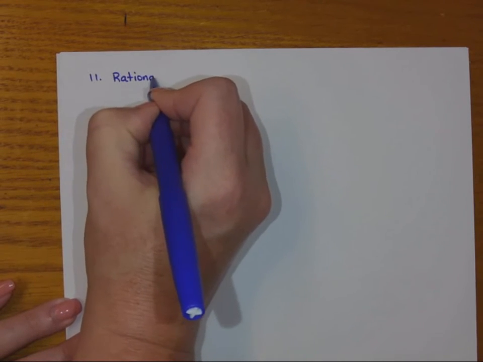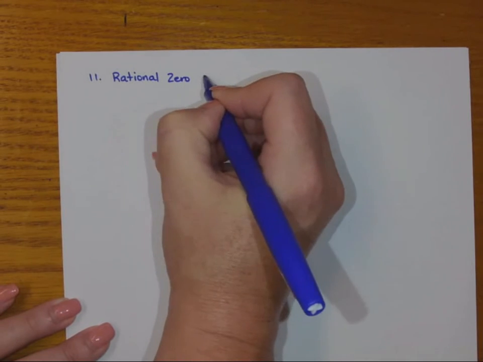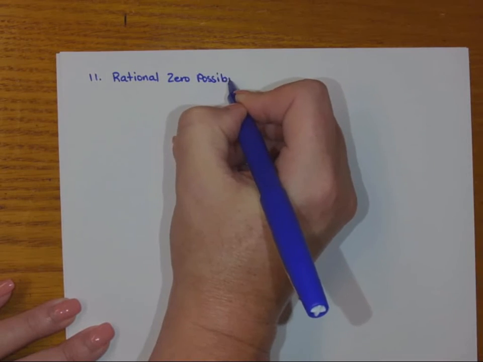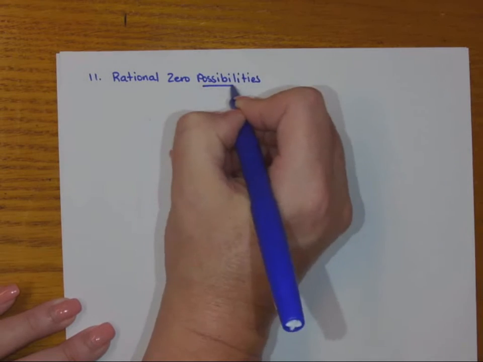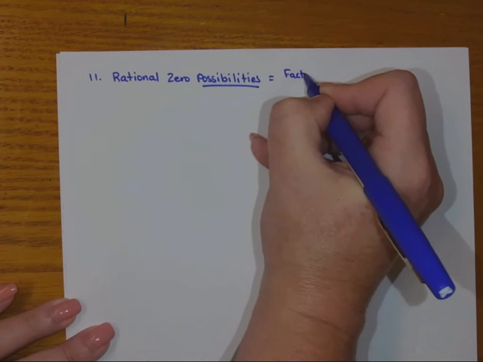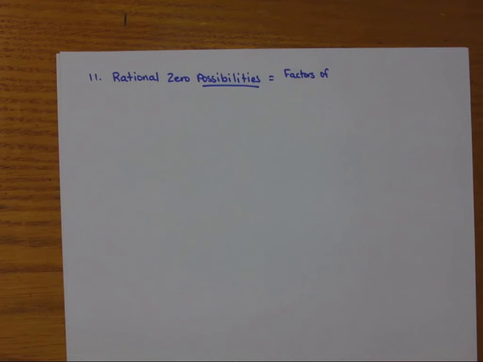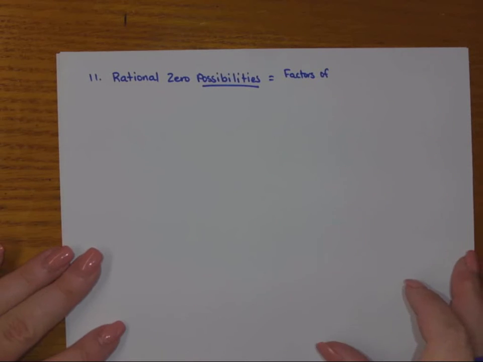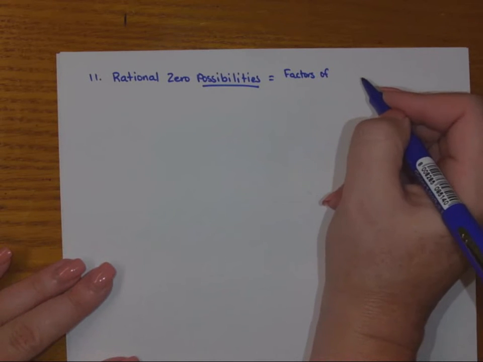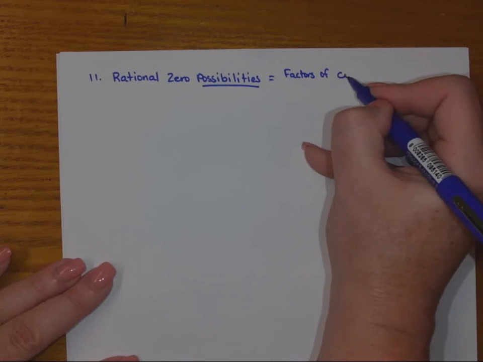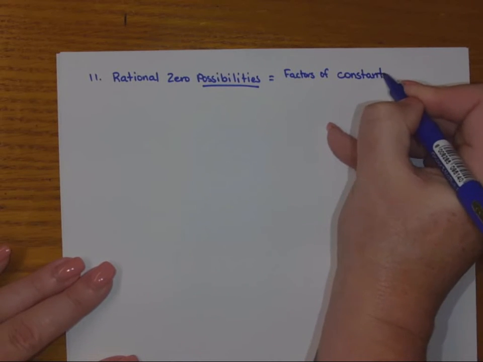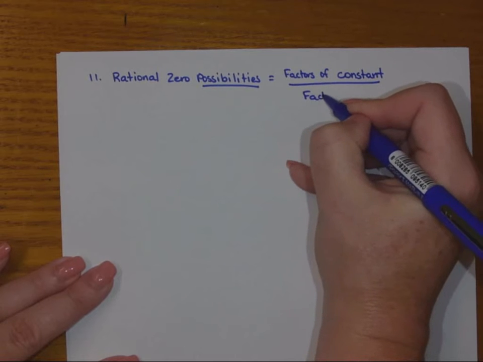The rational zeros theorem just says that the rational zero possibilities are always factors of the last number, so factors of the constant, over factors of the leading coefficient.